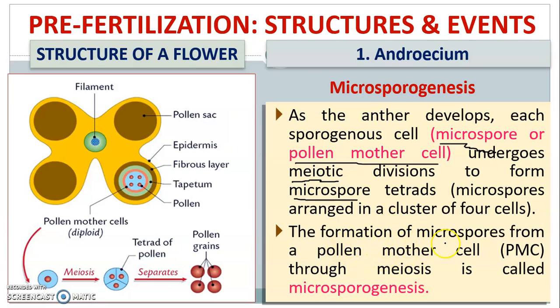Now, the formation of the microspore from the PMC through meiosis is known as microsporogenesis. So what is microsporogenesis? The process of the formation of the microspore from the pollen mother cell by the process of reduction division is known as microsporogenesis. Fine.